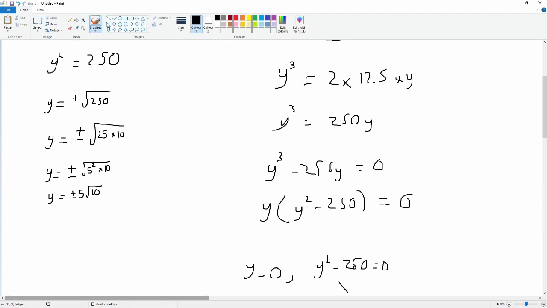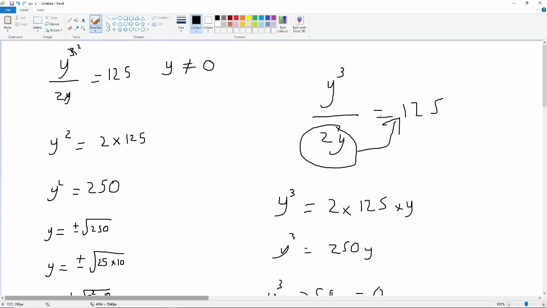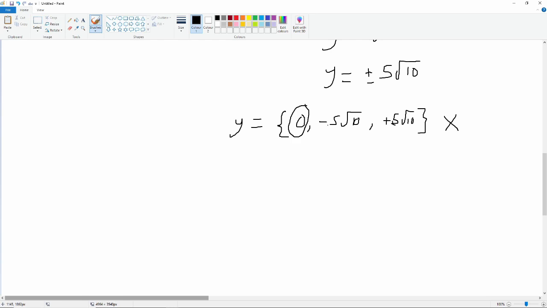So if we were going to go down this route of multiplying by 2y, we must again stipulate that y is not equal to 0, and then at the end we can eliminate 0 as a solution. That leaves us with y equals plus or minus 5 root 10 as the only two valid solutions.